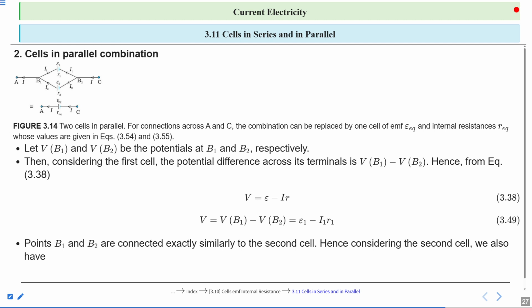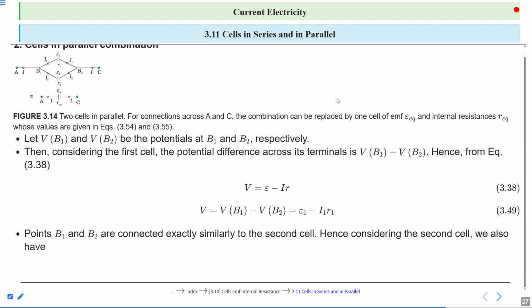Points B1 and B2 are connected exactly similar to the second cell. Here, considering the second cell, we also have V equal to VB1 minus VB2.